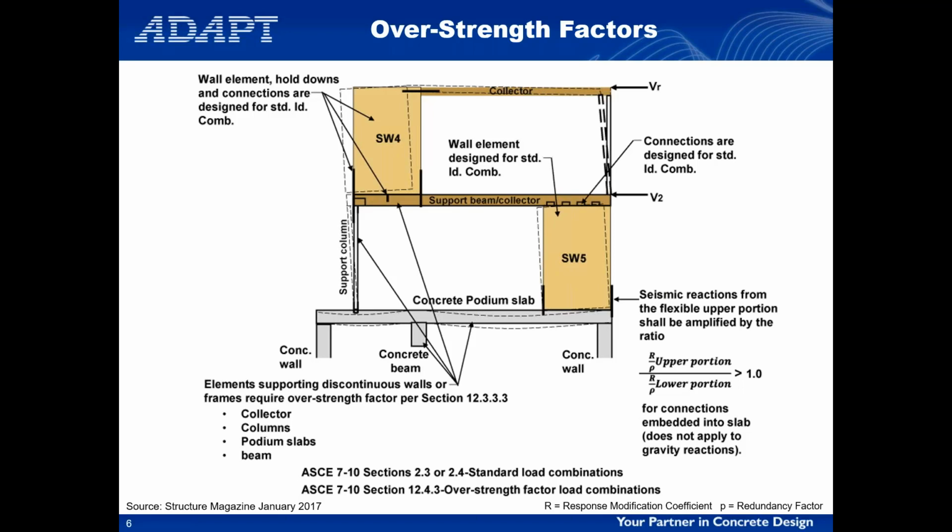The only thing I want to highlight here is that you need to look at the various response modification coefficients and redundancy factors for the type of superstructure, and determine when it's appropriate to apply the overstrength factors. In our case, we're not going to go into those details, but I just want to make the audience aware that that's something that needs to be reviewed and considered for some of the components.